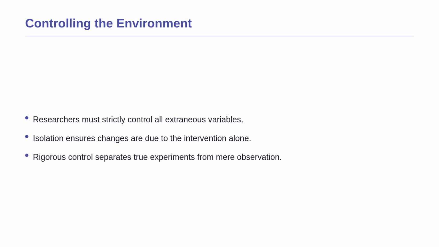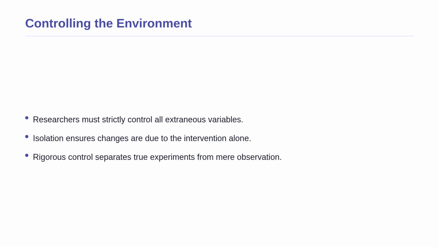Building on those definitions, we must highlight the most critical step in this process, which is control. While manipulating the independent variable, the researcher must strictly control all extraneous variables. Why is this so important? Because if the oven temperature fluctuated while baking our second cake, we would not know if the extra egg or the heat caused the change in fluffiness.